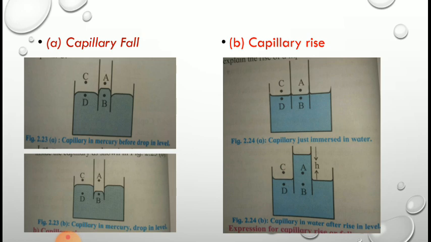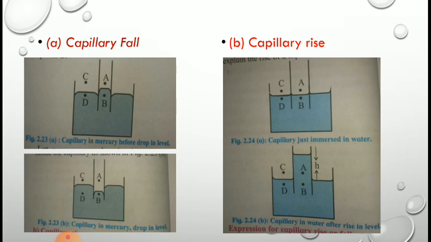The liquid surface inside the capillary is almost concave, upper concave, and therefore pressure at point B is less than pressure at point D. And as a result of this, the liquid outside the capillary rushes into the capillary, and hence there is a rise in the liquid level inside the capillary.